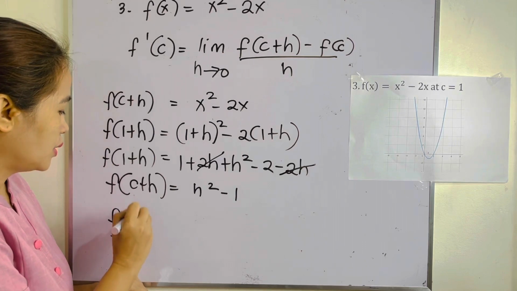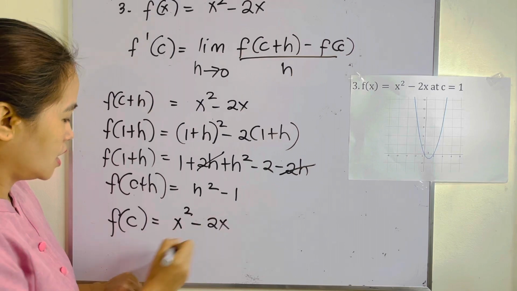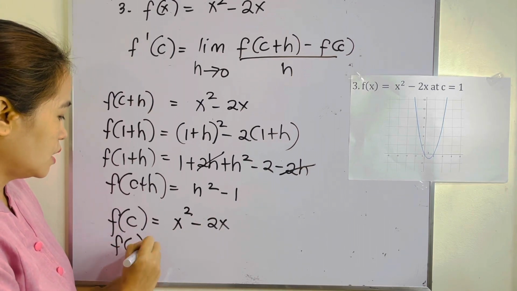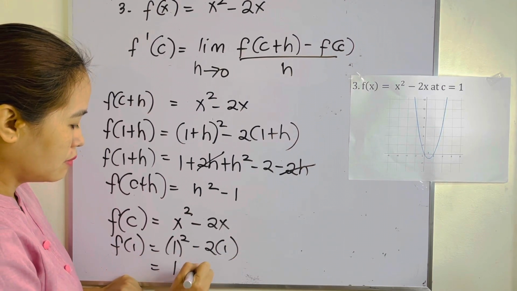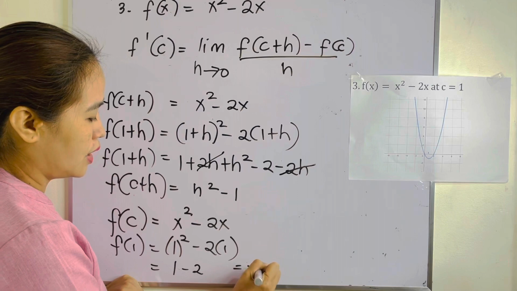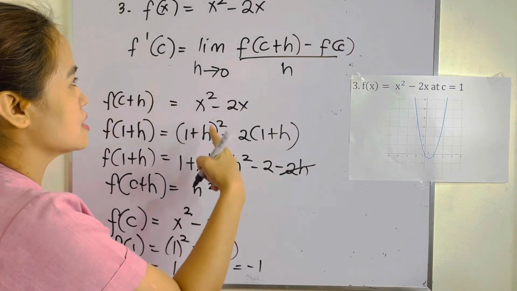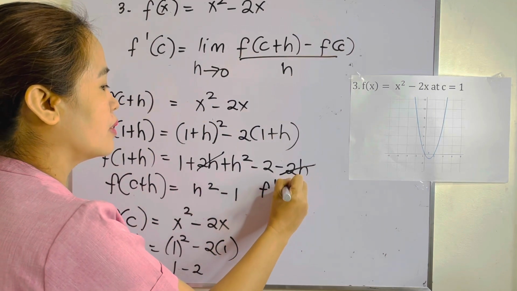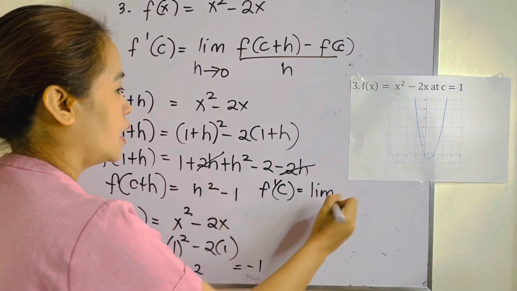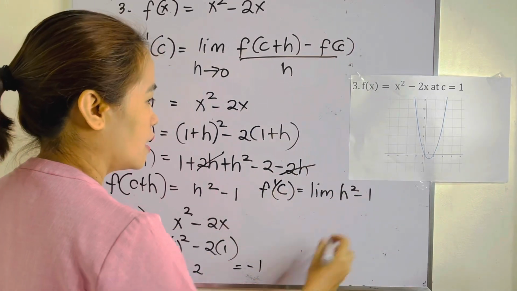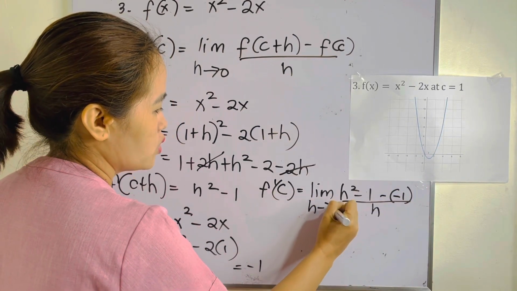Let us evaluate f of c. Equate it, of course, to the value of the function, and then replace c by 1. This is 1 squared minus 2 times 1. We have 1 minus 2, which is equivalent to negative 1. So let us now, of course, replace this here. F prime of c is equivalent to the limit of h squared minus 1 minus negative 1, divided by h, as h approaches 0.